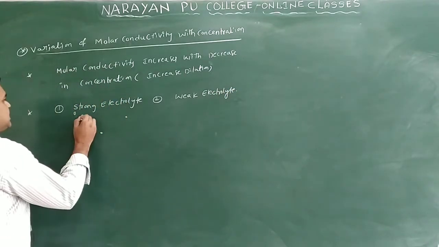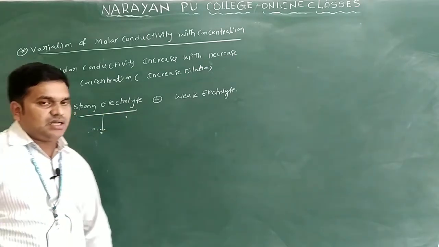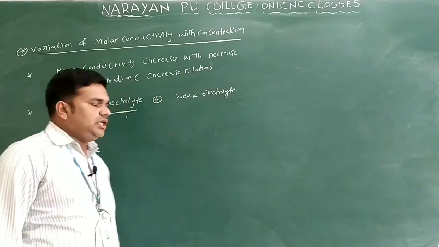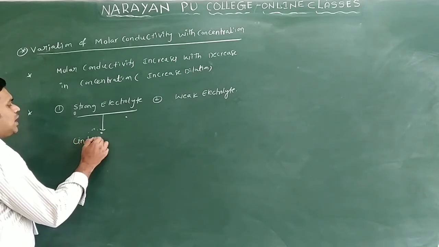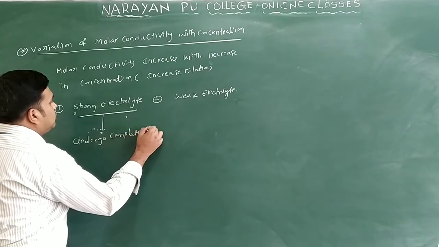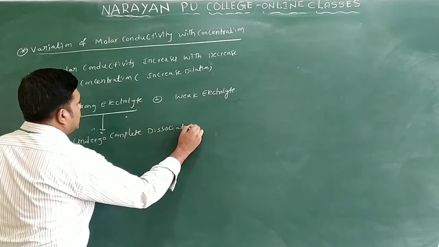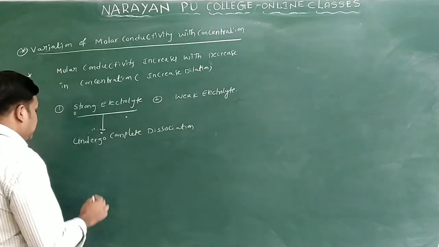If you observe the first case, regarding strong electrolytes: you already discussed strong and weak electrolytes before, with the variation of conductance. Strong electrolytes undergo complete dissociation only. If the strong electrolyte undergoes complete dissociation, then what is the degree of dissociation?